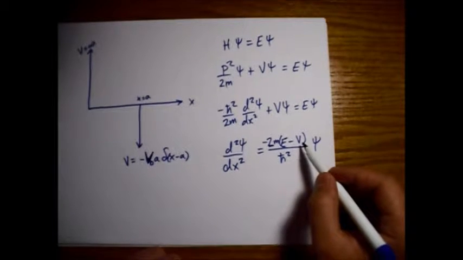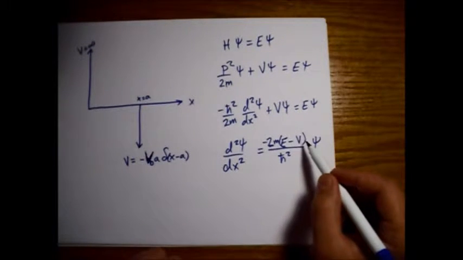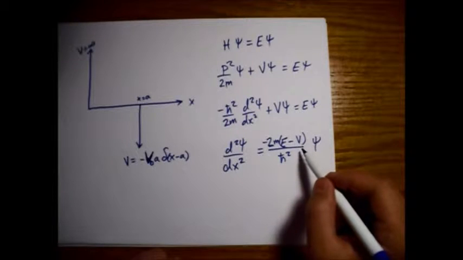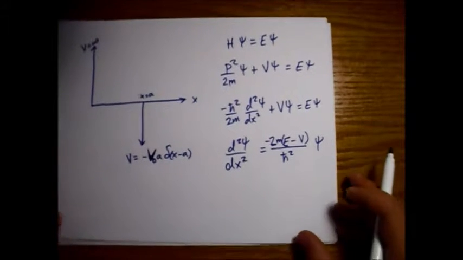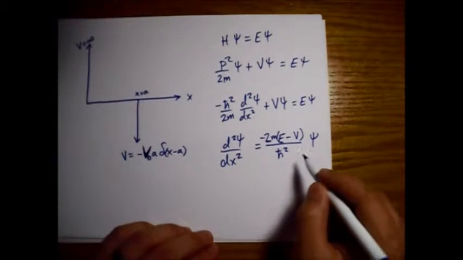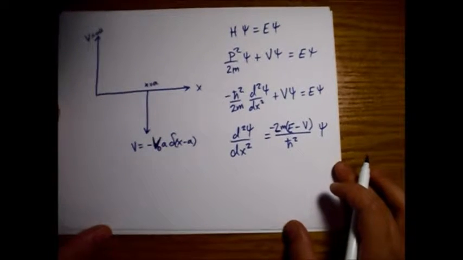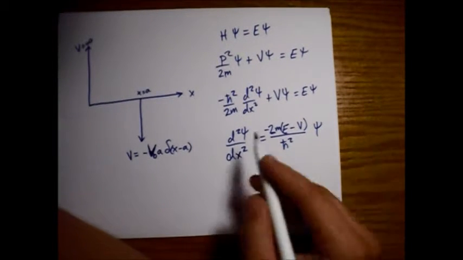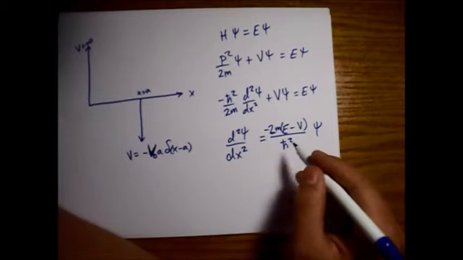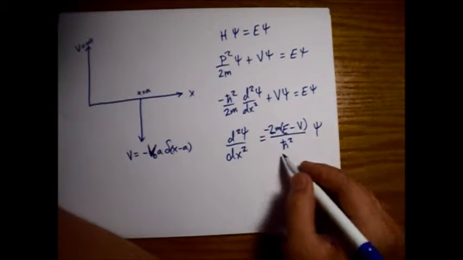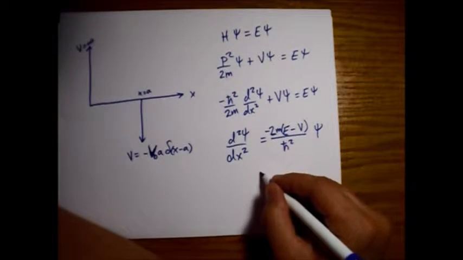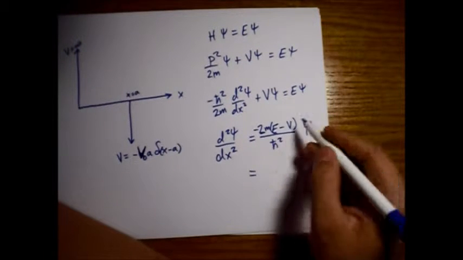So if V is 0 for most of this, this will end up being positive, right?